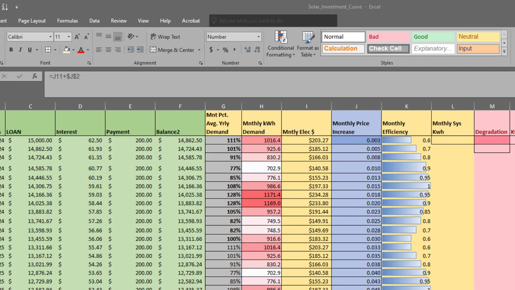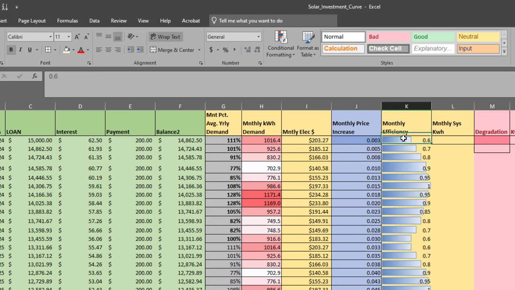The monthly efficiency column, column K here, is the efficiency of the solar panels themselves. When the days are short and the sun angle is poor for solar generation, you may only get about 60% efficiency out of the maximum. And then in June, when the sun stays up longer and the sun angle is most direct, then you get peak efficiency.